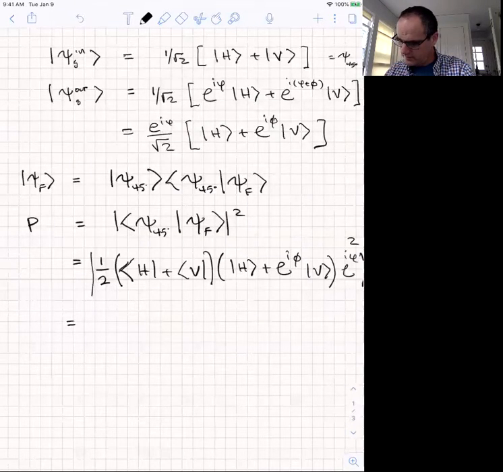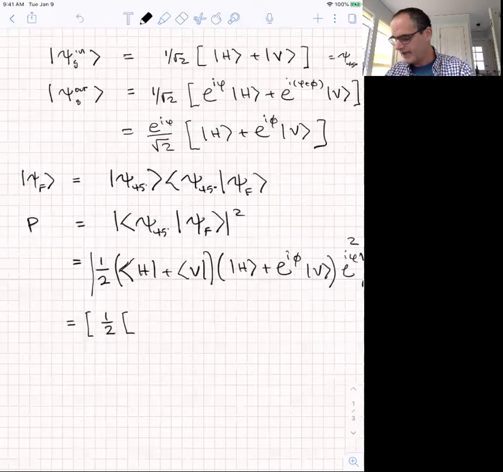So that's 1 over 2. And now we can start evaluating this inner product. So we have H, that's 1. We have V times e to the i phi times V. That's e to the i phi. And then we have the cross terms, H acting on e to the i phi V and V acting on H. And those terms both give 0 because V and H are orthogonal vectors.